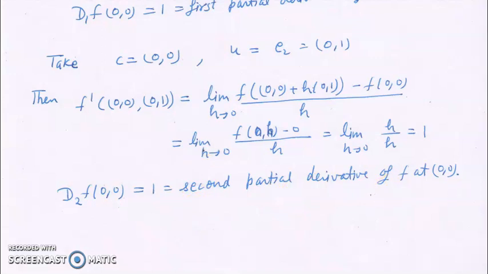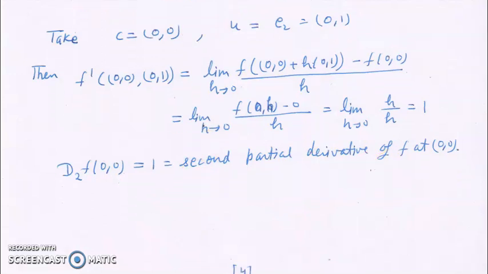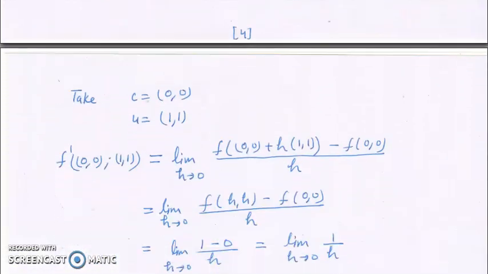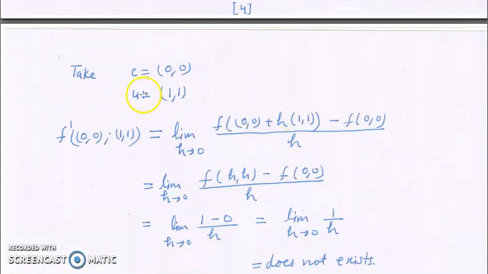Now let us see another direction and determine the directional derivative in that direction. Suppose I take the direction u to be (1, 1) and now I want to determine f'((0,0); (1,1)). By definition it is [f((0,0) + h(1,1)) - f(0,0)] by h. So it is [f(h, h) - f(0, 0)] by h.